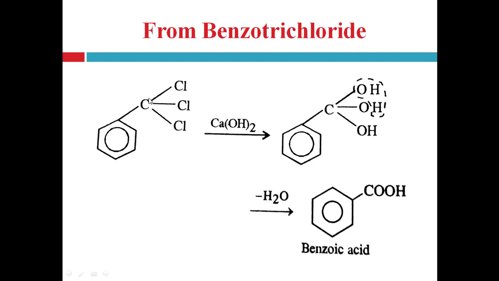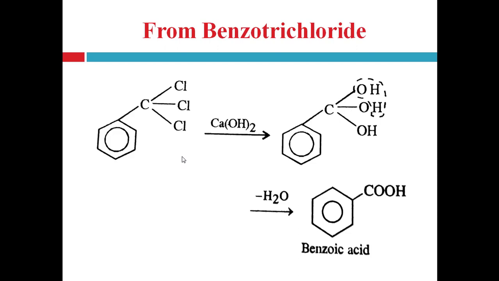So it is benzotrichloride. A ring having a CH2 group is known as benzyl, a CH group is known as benzal, and when there is only carbon with no hydrogen atom present on it, it is known as benzo. So it is benzotrichloride.